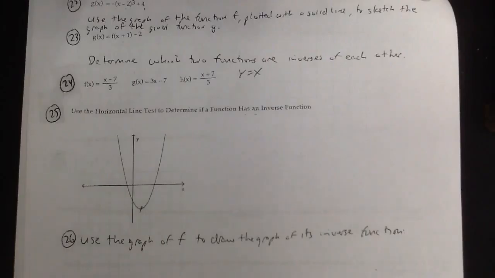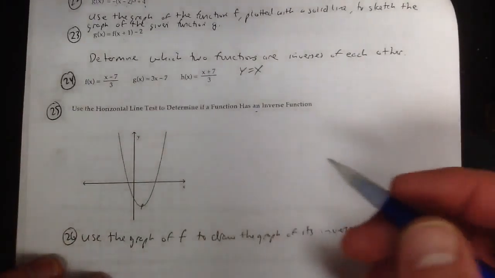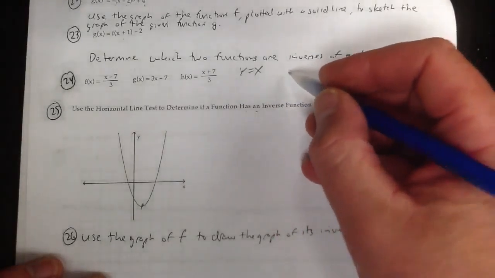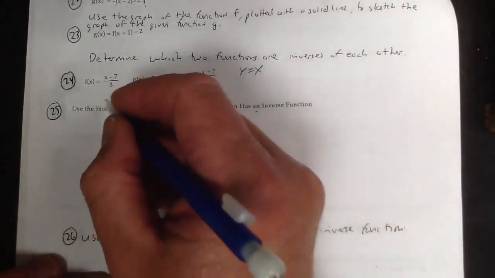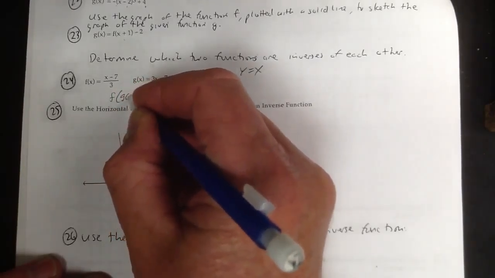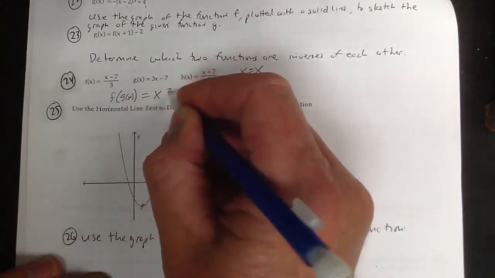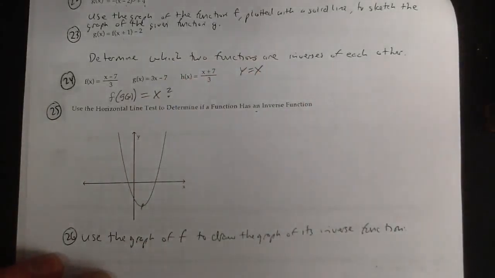Okay, which of these are inverses? Well, there's a number of different ways to do this. One of the ways is we know functions are inverses when we do a composite. For instance, if I do f composite g of x, does that equal x? Yes or no?